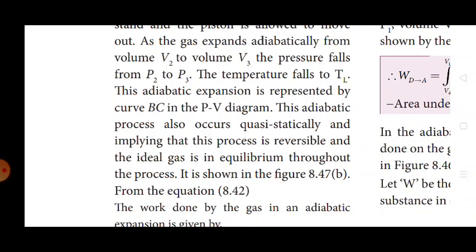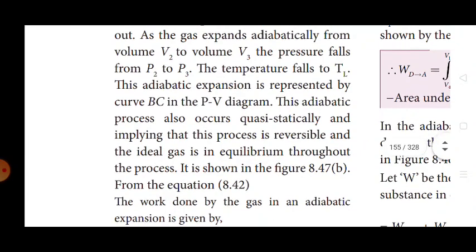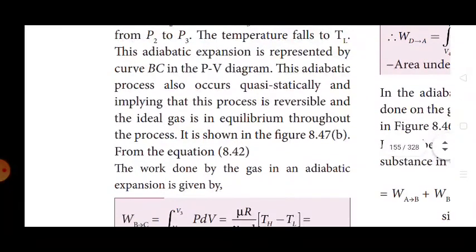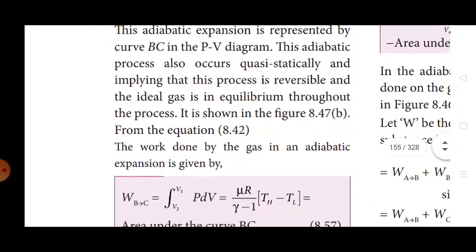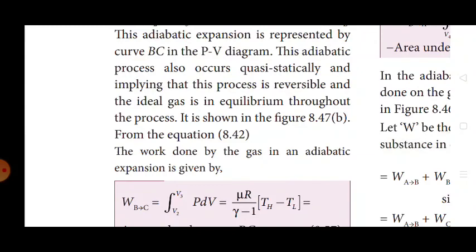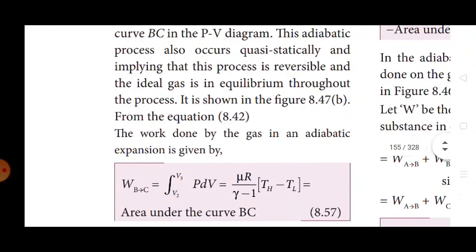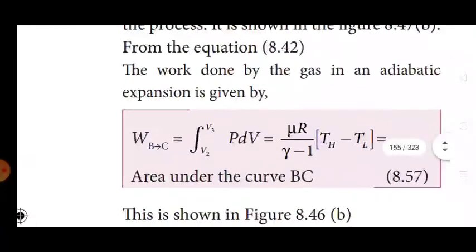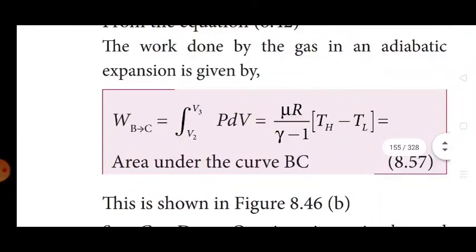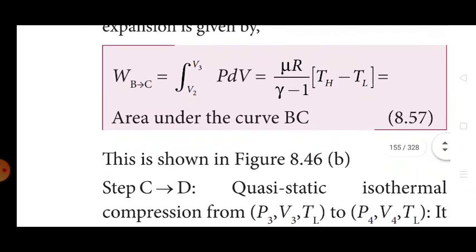This adiabatic process also occurs quasi-statically, implying that this process is reversible and the ideal gas is in equilibrium throughout the process. So the work done by the gas in the adiabatic expansion is given by W B to C, the integral from V2 to V3 of PdV, which is equal to mu R by gamma minus 1 times TH minus TL, the area under the curve BC.